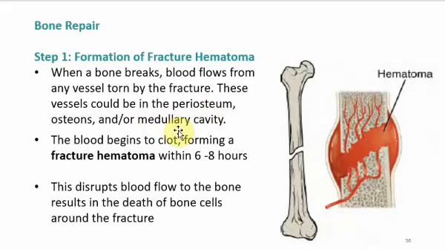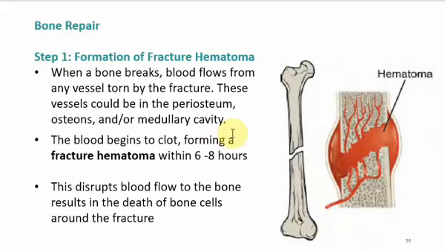So basically, when your bone cracks, blood tends to flow from the vessels near the fracture point. These vessels could be within the periosteum, vessels from the osteons, or vessels from within the medullary cavity. They allow blood to flow towards the fractured region.